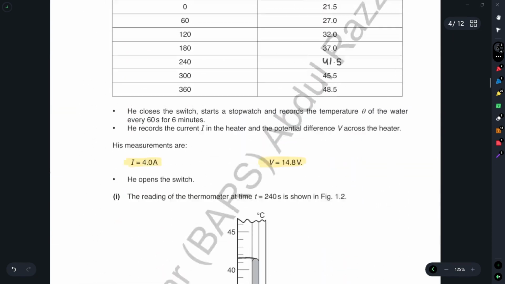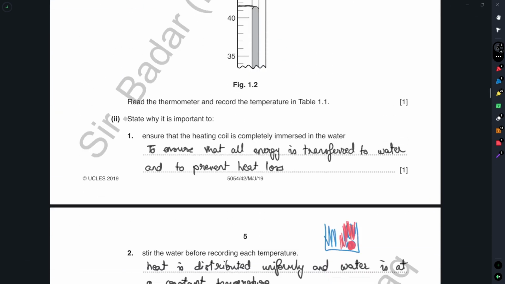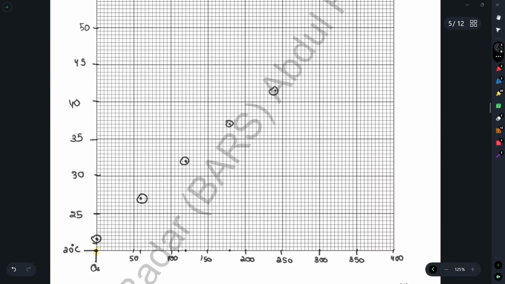Then you had a 45.5 and a 48.5. Cool. So at 300, you've got a 45.5. And at 360, you've got 48.5. So this right here is 50, 49, 48. The 48.5 is going to be over here.